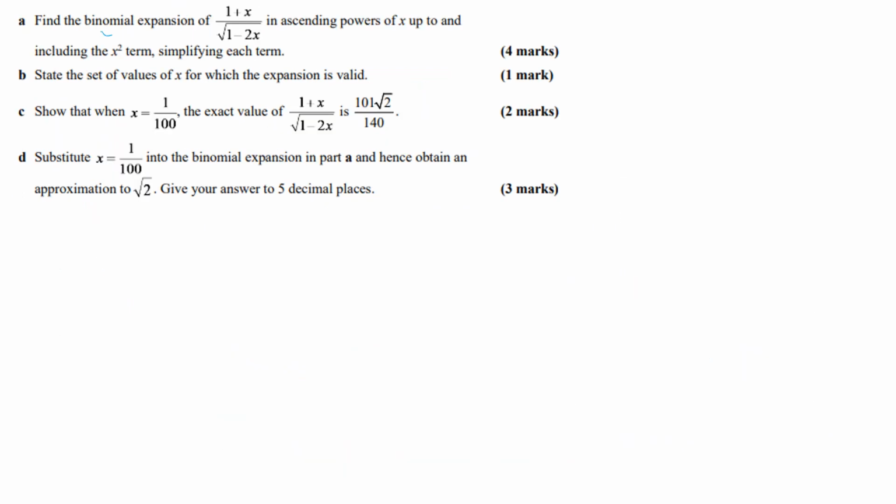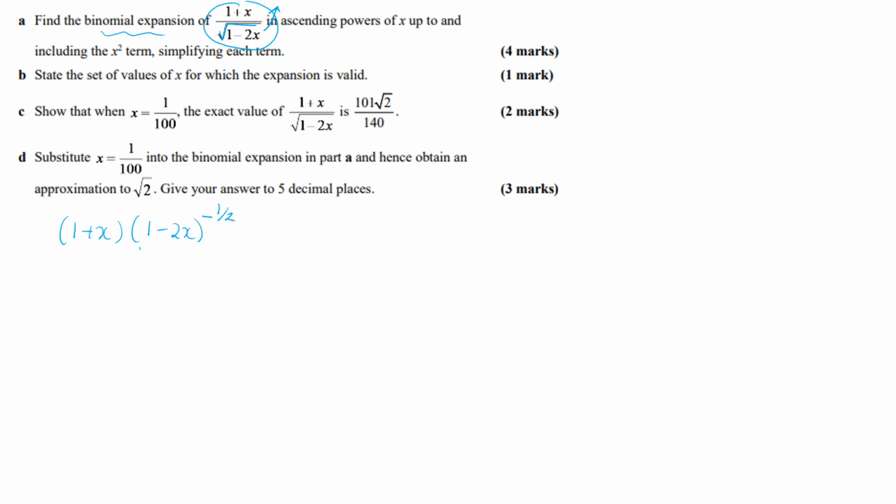This next question is a binomial expansion question, and we've got this fraction, which I'm going to rewrite as 1 plus x times the 1 minus 2x to the minus. We'll put that denominator in the numerator position, and then the square root I can write as a half.